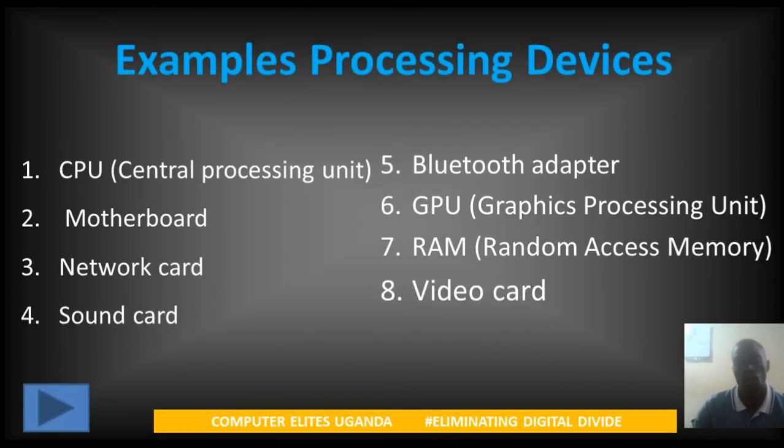Examples of these processing devices: we have the central processing unit, and this is the brain of the computer. A computer without a central processing unit cannot work, and we always refer to the central processing unit, the CPU, as the brain of a computer. Then we also have another example, that is the motherboard. This is the spine of the computer.